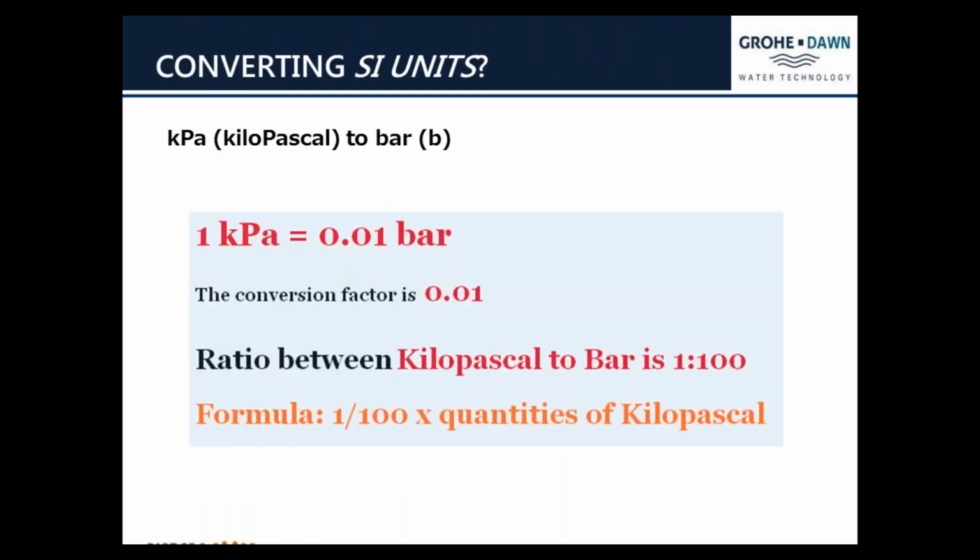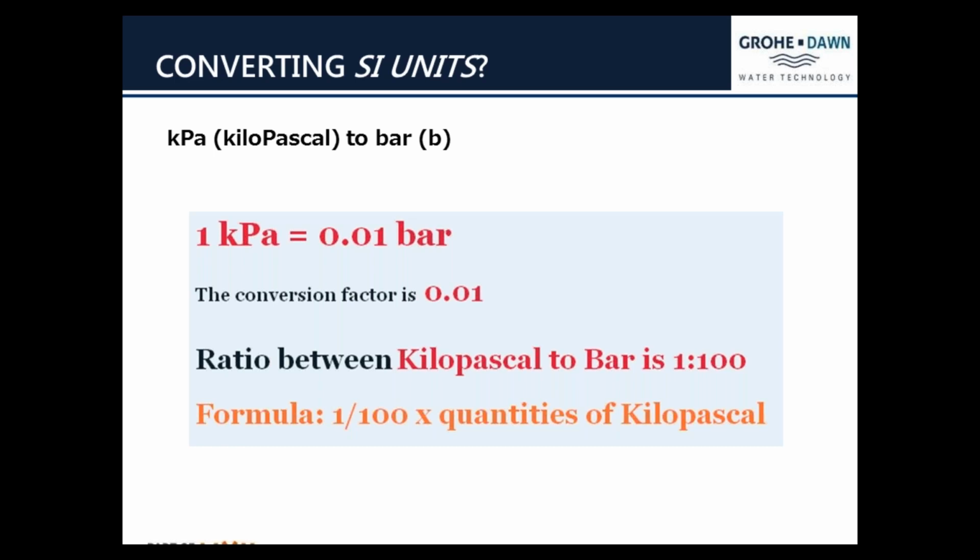Okay, converting mathematically, slides uploaded fully, converting your SI units mathematically, kilopascal to bar. Remember, these are your pressure measurements, the SI unit pressure measurements. 1 kilopascal equals 0.01 bar.